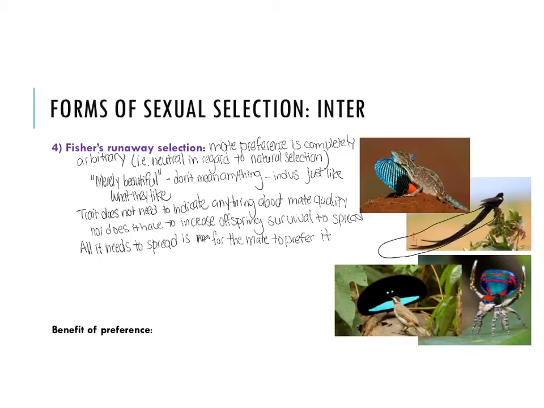So sexual selection is acting the opposite of natural selection, and Fisher's runaway selection can explain why that happens. So traits could even reduce survival of the individual expressing it, as long as it's preferred by mates.